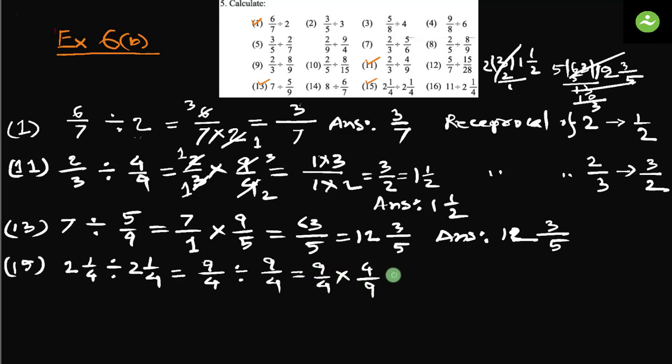When we calculate, we check if we can reduce. Yes, 4 divides 4 and 4, so 1 and 1. 9 divides 9, 1. So 1 into 1 over 1 into 1 equals 1. Answer is 1.